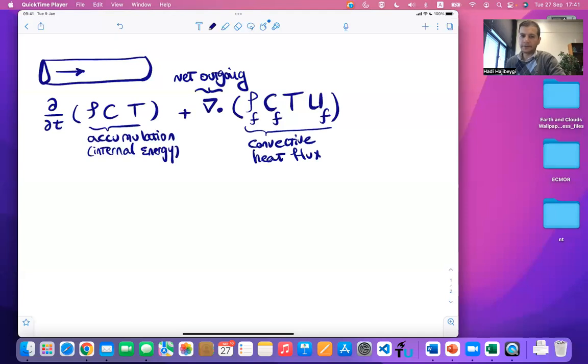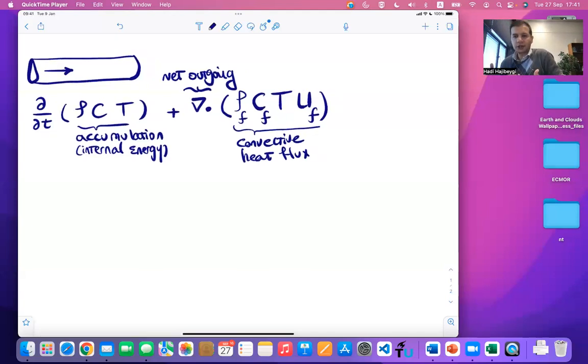Net outgoing. And then I have another mechanism, which is conduction. And it happens for both fluid and rock. Conduction takes place for both of them. So I have minus lambda grad T to be the conductive heat flux, and I need the net outgoing of it, so I insert a divergence operator on it too.